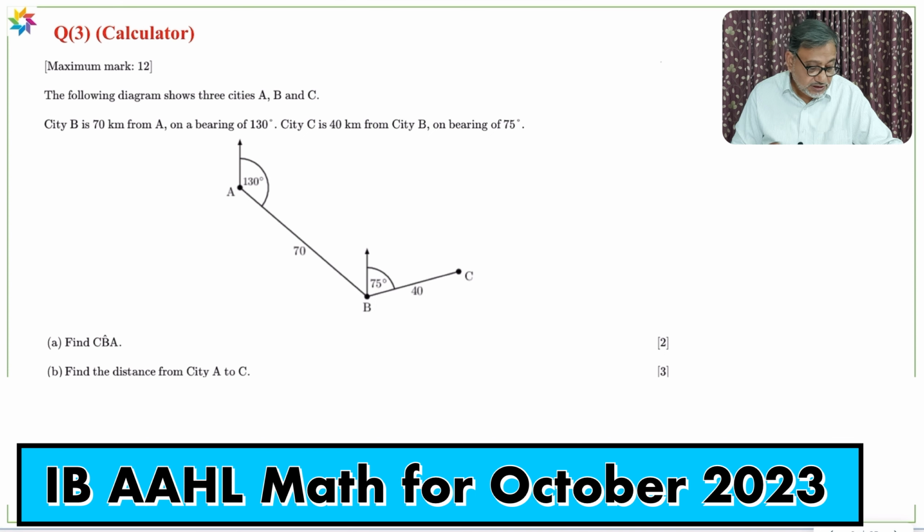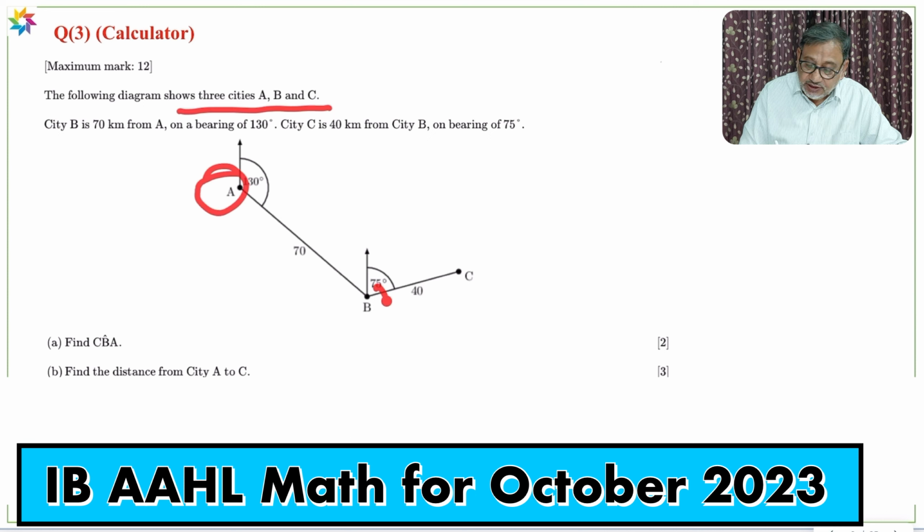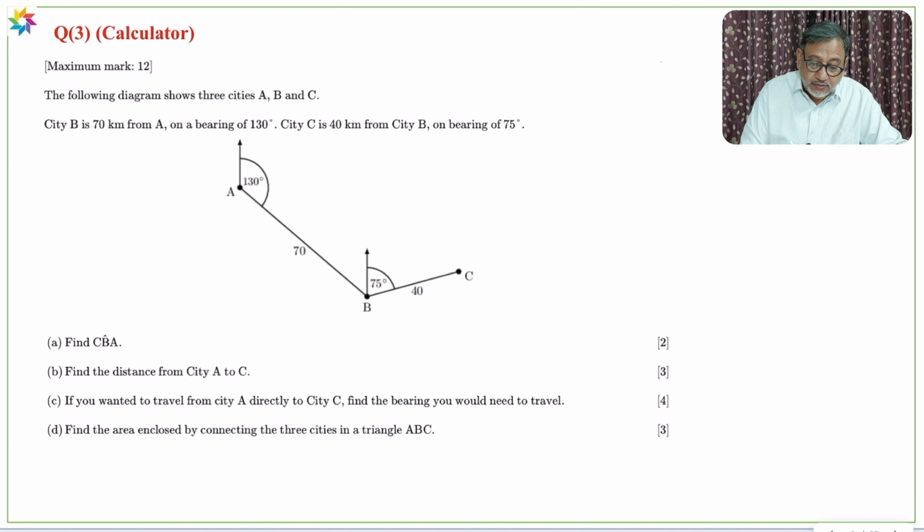Now next question says, this question is about the bearing, right? I will put it in the calculator mode. This question says, the following diagram shows 3 cities A, B and C, right? City B is 70 kilometer from A on a bearing of 130.